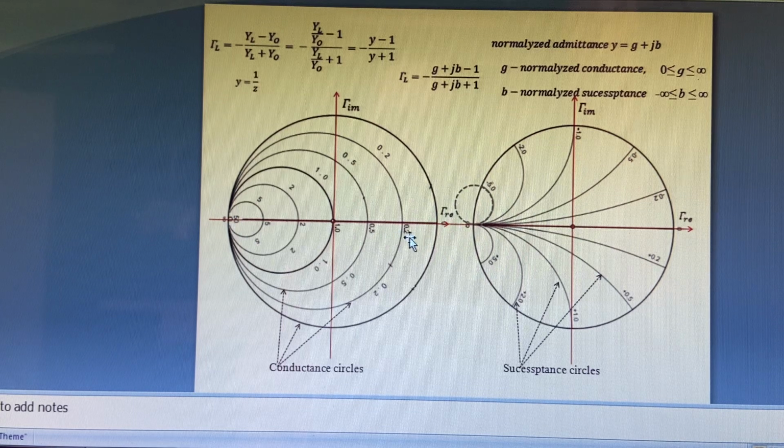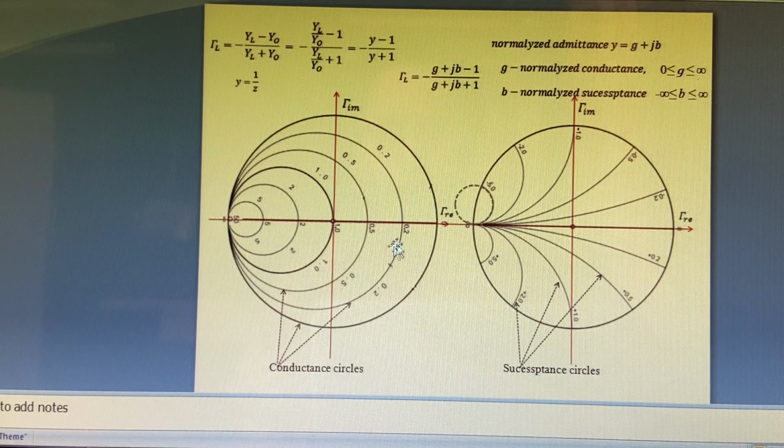Here this conductance circle corresponds to a G value of 0.2. So the conductance value over this circle is equal to 0.2. Wherever you move over this circle, the value of G is equal to 0.2. Similarly, this circle is 0.5, and the value of G over this circle remains the same.